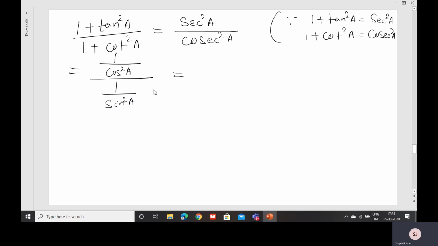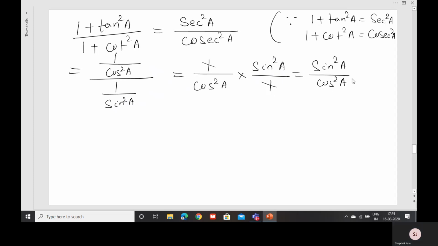When they are in division form, when they come to multiplication form, the denominator will go to numerator, divided by 1. So 1 got cancelled. It is sin square A divided by cos square A, equal to how much? Tan square A. So this is equation 1.